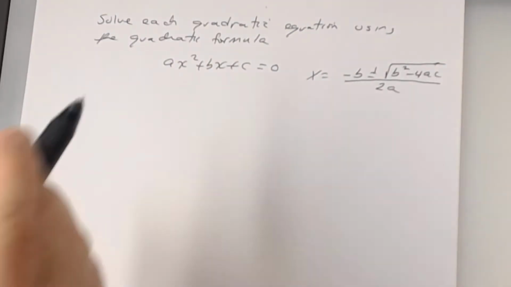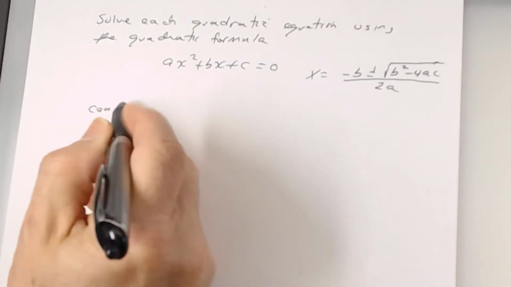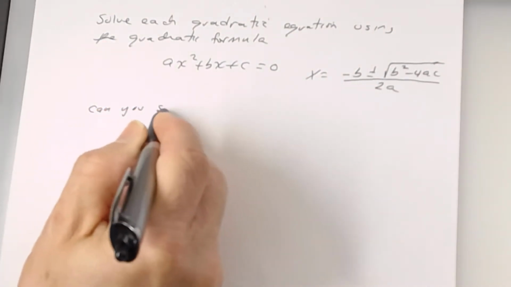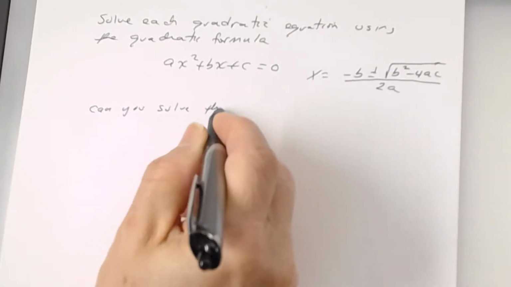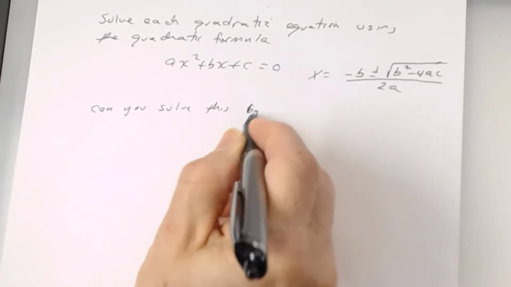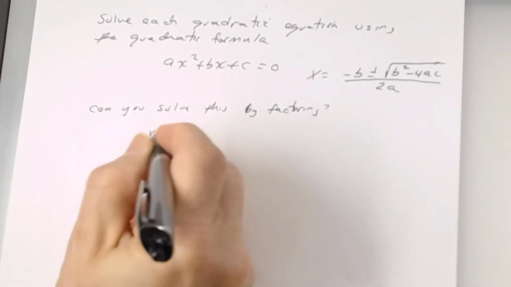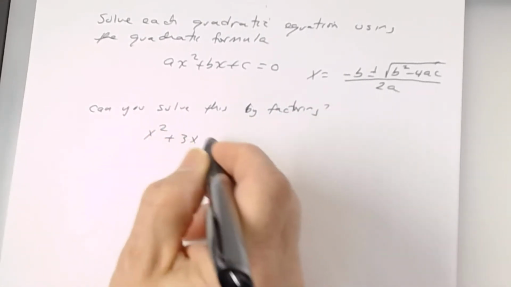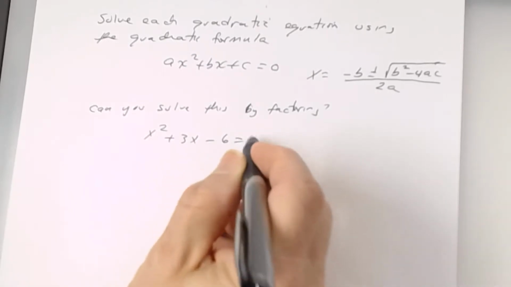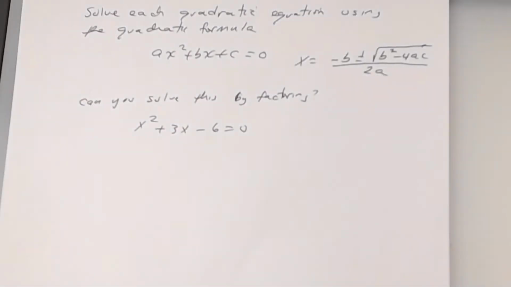I'm going to ask you, can you solve this by factoring? x squared plus 3x minus 6 equals 0. You can't factor that. So there's no way you can use the zero factor property and so forth.